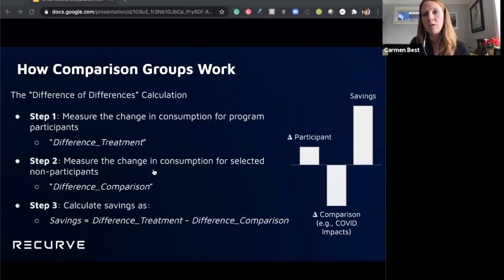So, as I noted earlier, OpenEE meter is the foundation of calculating the changes in consumption or avoided energy use or savings, depending on the terminology and context you're using it in. And this hourly site level regression analysis is applied for customers in both a treatment group and in a comparison group.